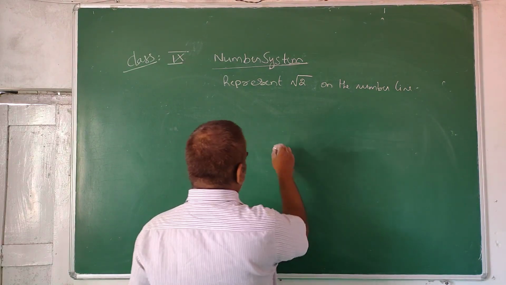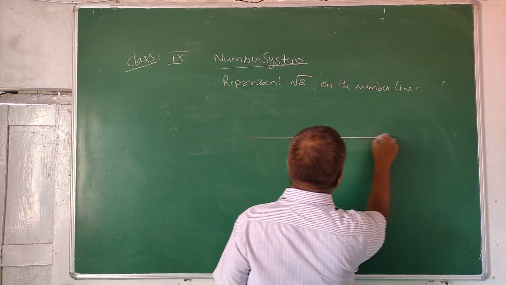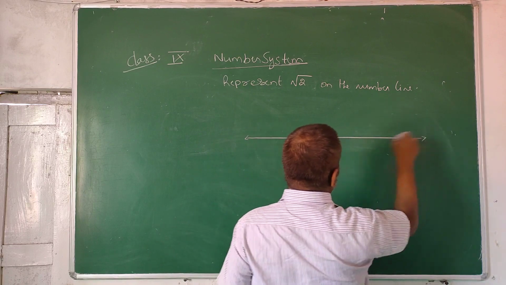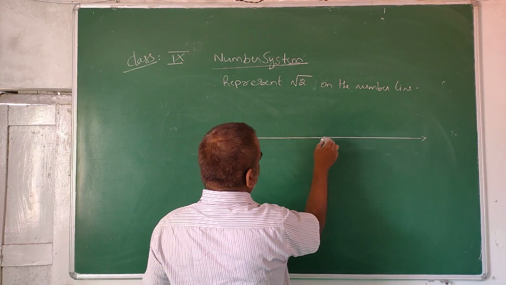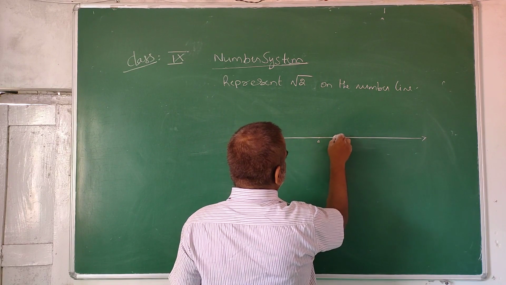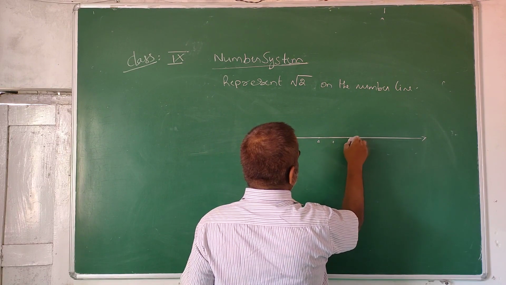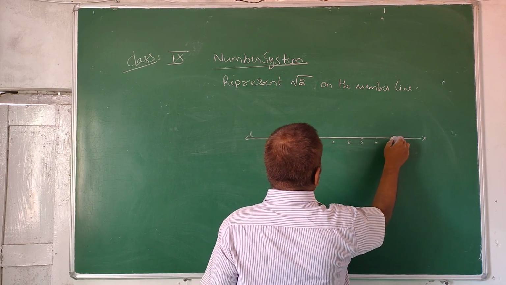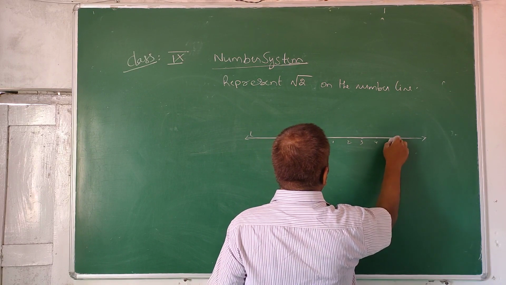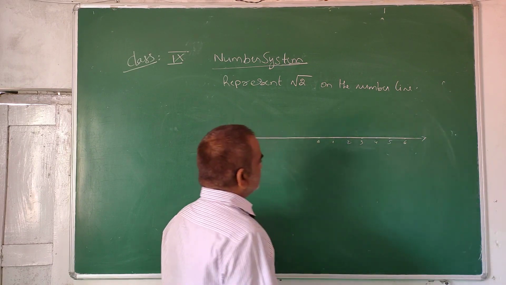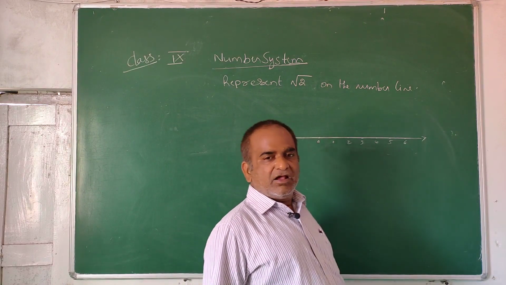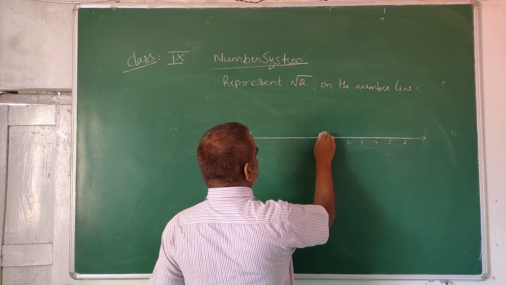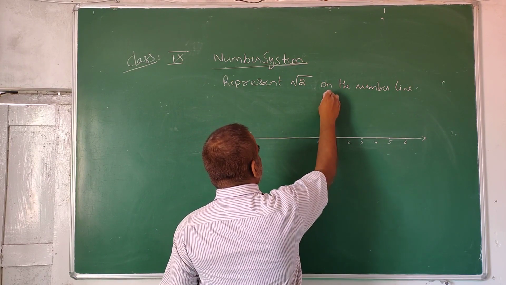For this you have to take a number line, say this number line is L. Take the whole numbers with the scale 1 centimeter equal to 1 unit. Please take the whole numbers. Now at the point 0, please take a perpendicular.